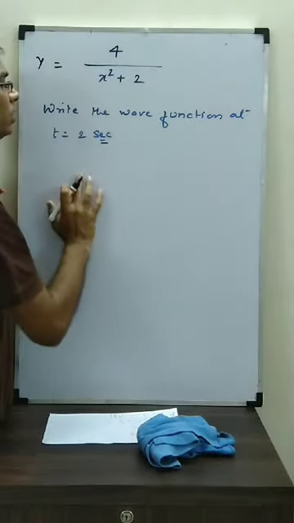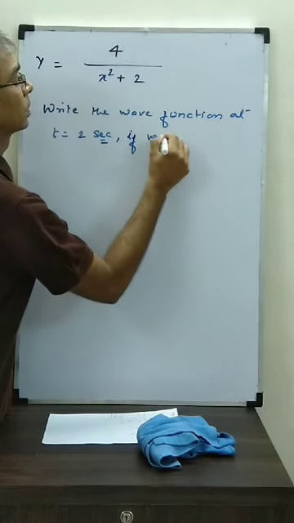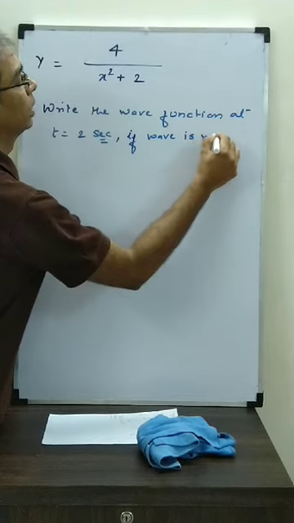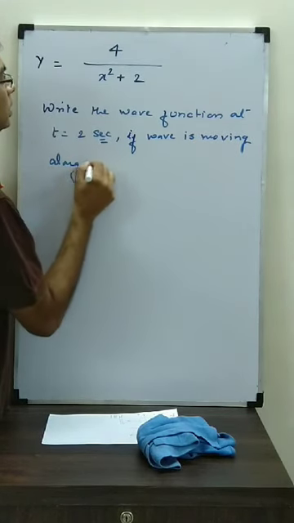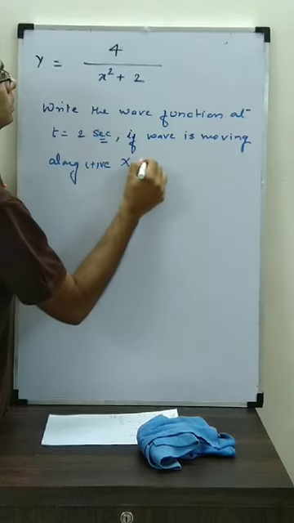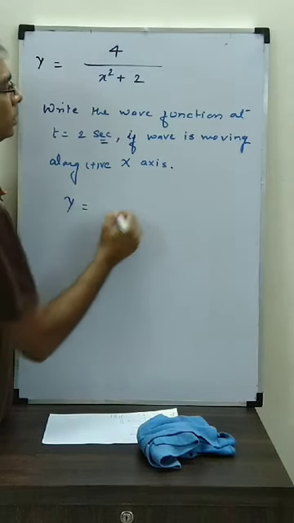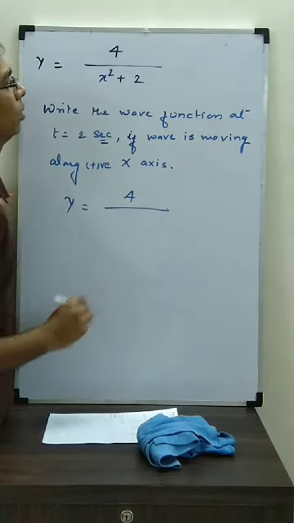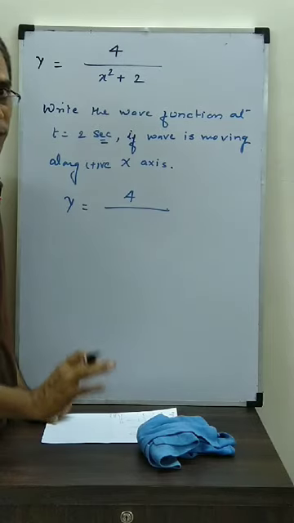So write the wave function at t equal to 2 seconds if the wave is moving along positive x-axis. Now what to write? y equal to 4. Whenever a wave is there, x and t should be together.